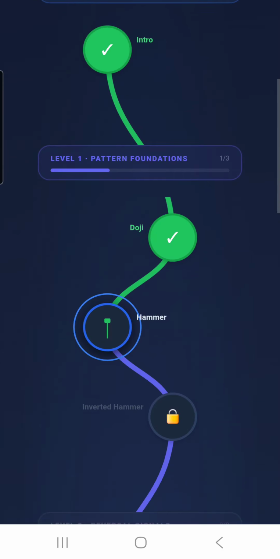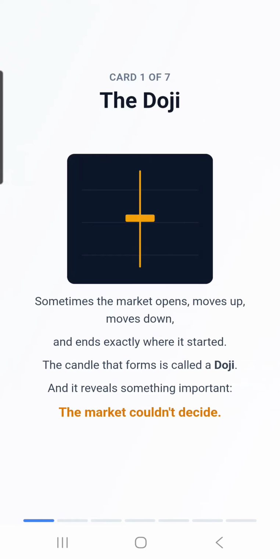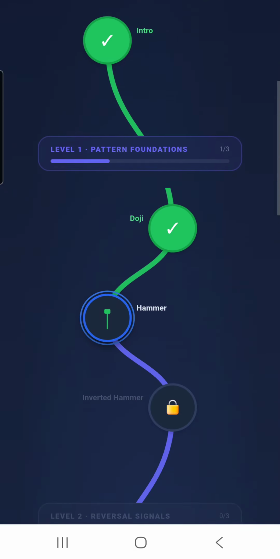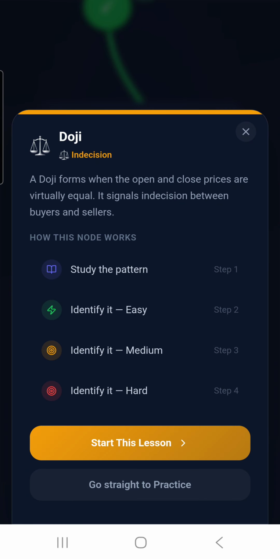And then we have this full winding journey here where you can learn a little bit about each pattern. You can start the lesson and go through each lesson there. And then after that, the cool thing is that you can identify each one on a practice chart.